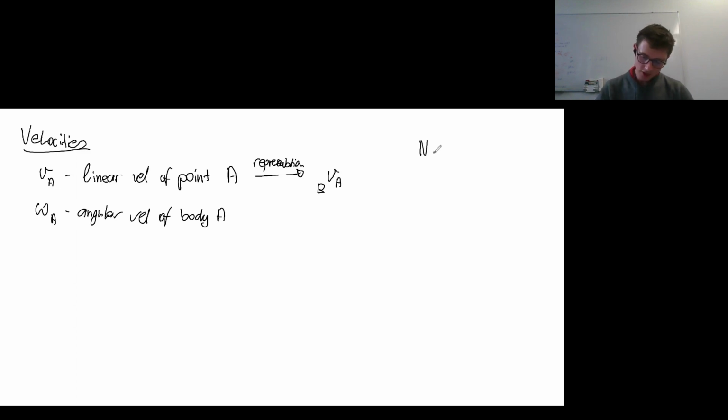And on a quick aside, notation-wise, when we write v_A or omega_A, what we really mean is v_IA or omega_IA. So if you don't see double indices, what we mean is the absolute linear or angular velocity, which means with respect to an inertial fixed frame, which we always call I in this lecture.